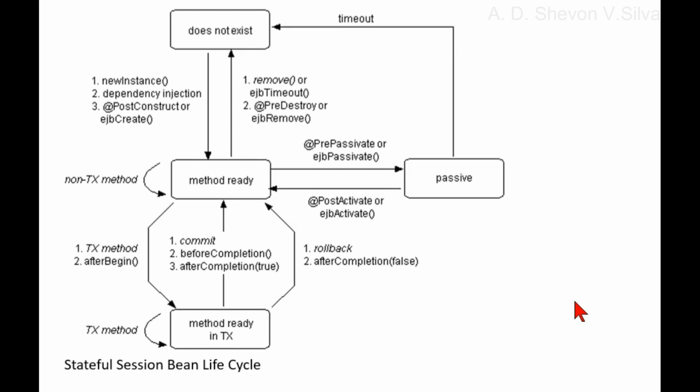EJB create method. The container invokes this method right before it creates the bean. Stateless session beans must do nothing in this method. Stateful session beans can instantiate state in this method.